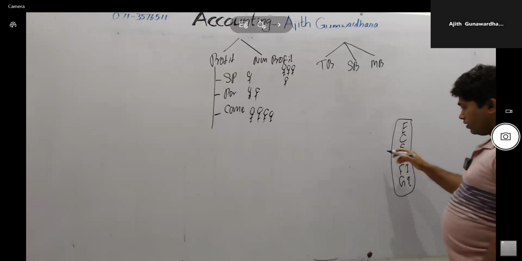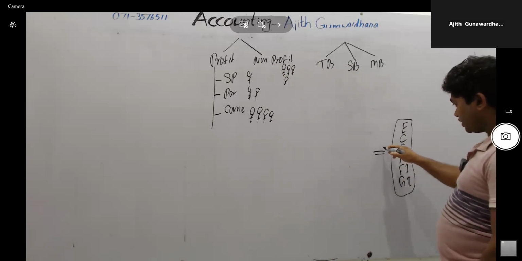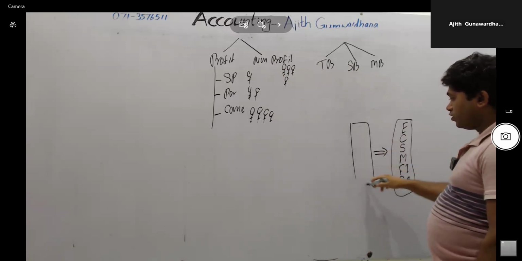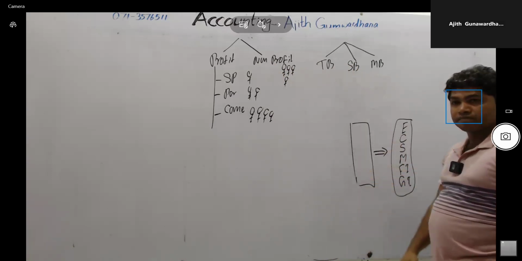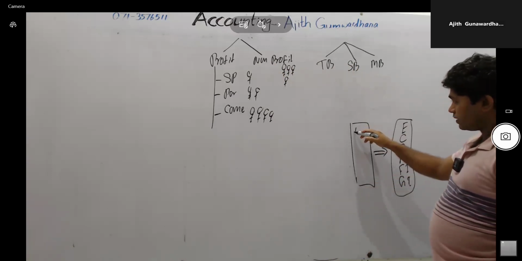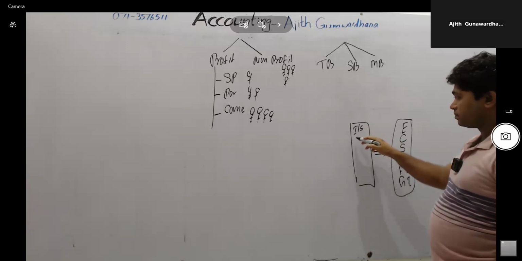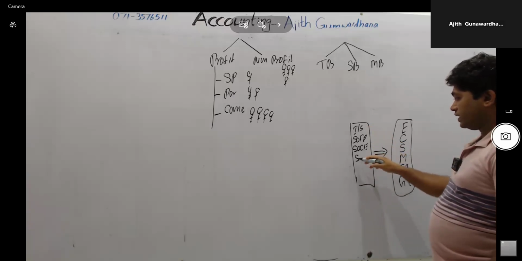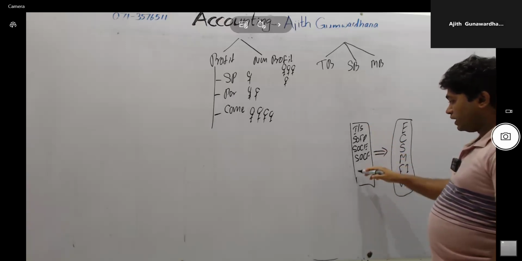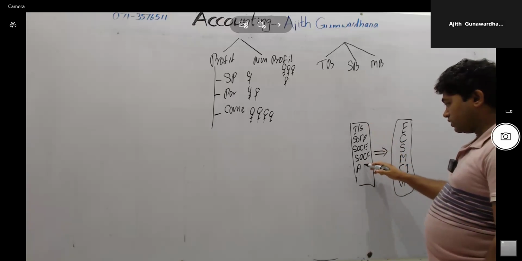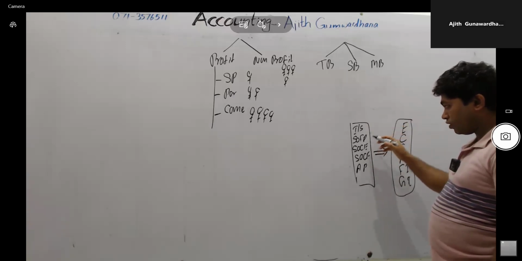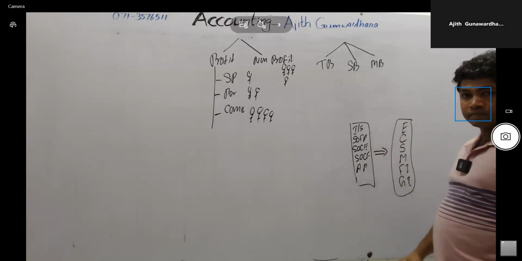To provide information to them, we have to prepare financial statements: the income statement, statement of financial position, statement of changes in equity, statement of cash flow, and accounting policies as well as notes.